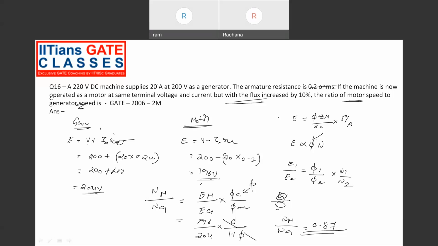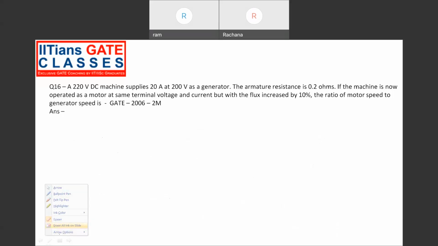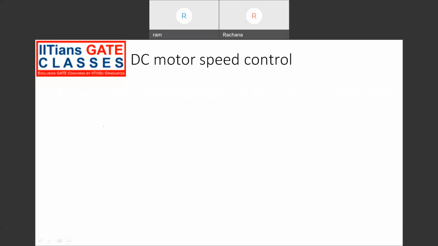For the next topic, that is DC motor speed control. So how can we control the speed of a DC motor? For a DC motor, the induced back EMF can be given as E is equal to terminal voltage minus the IR drop, right?